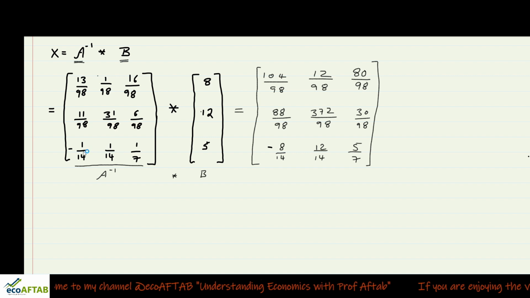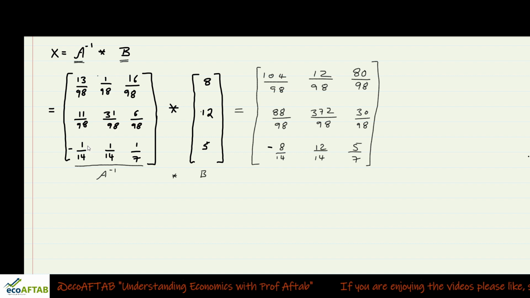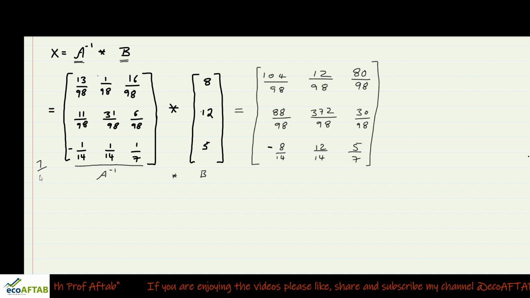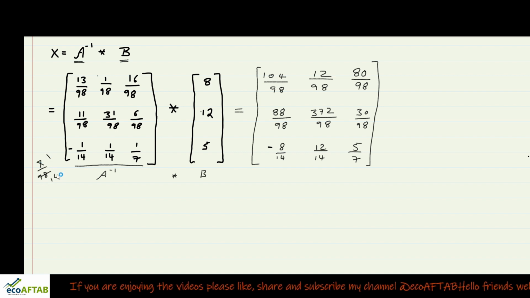Similarly, here I have simplified this particular fraction. It was actually 7 by 98. If you simplify it, 7 ones are 7, 7 14s are 98. So this is what I have done over here.